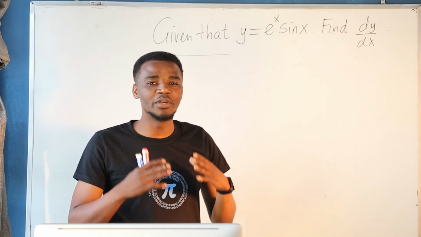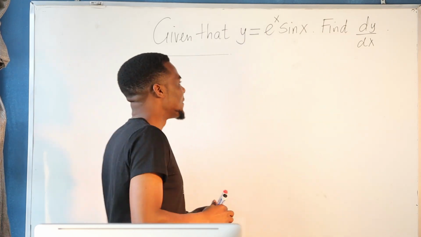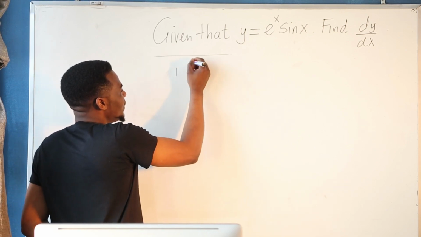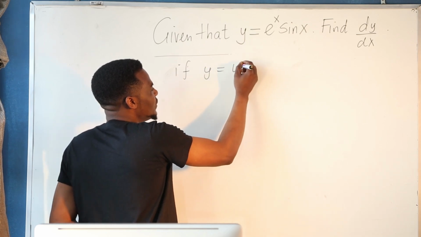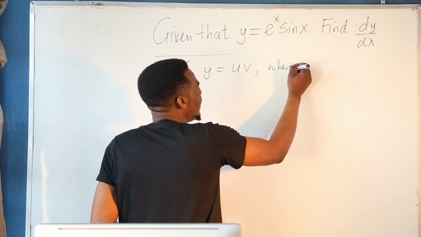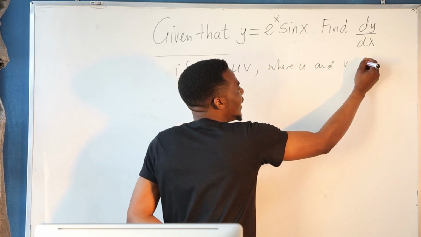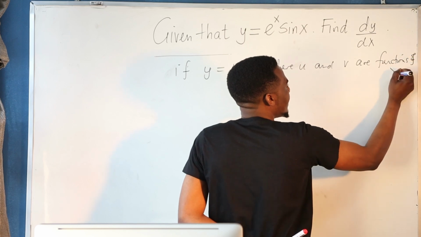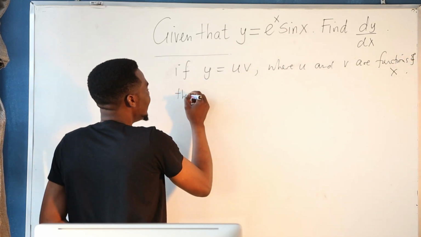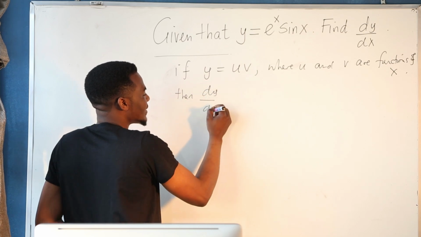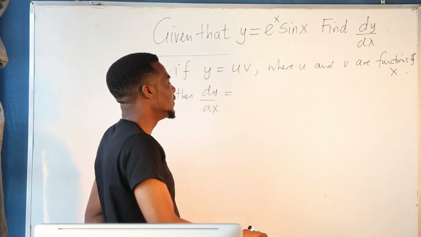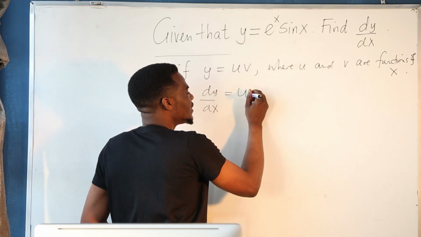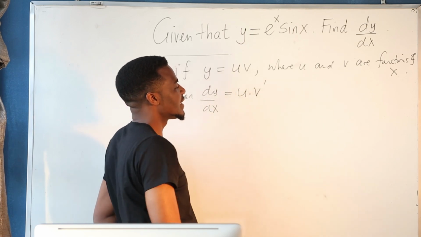So what are we going to do? We have to use what is called the product rule. We know very well that if y is equivalent to uv, where u and v are functions of x, then to find dy/dx, we keep the first function and multiply by the derivative of the second function.